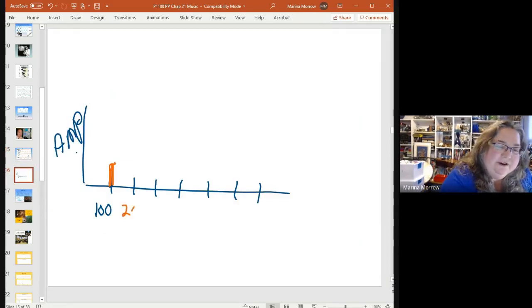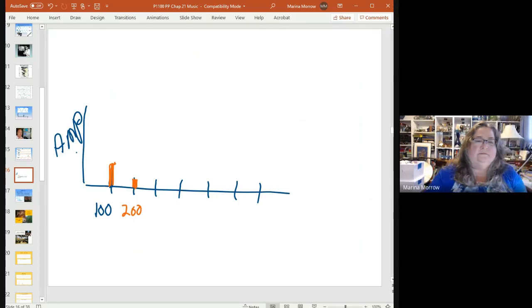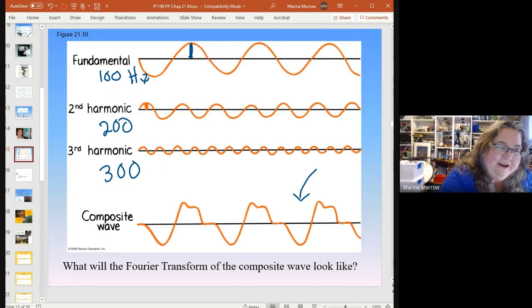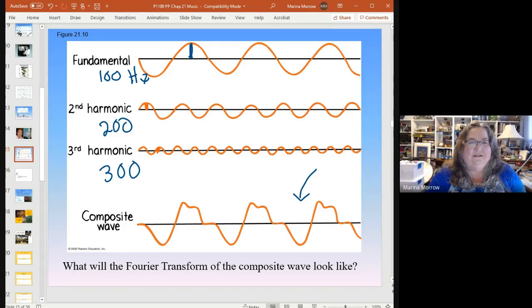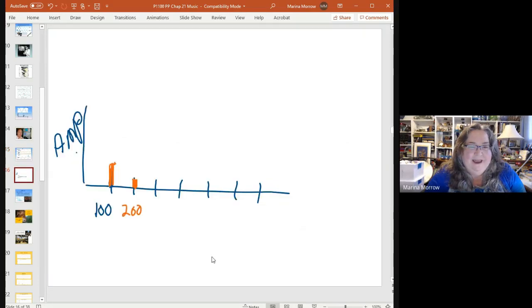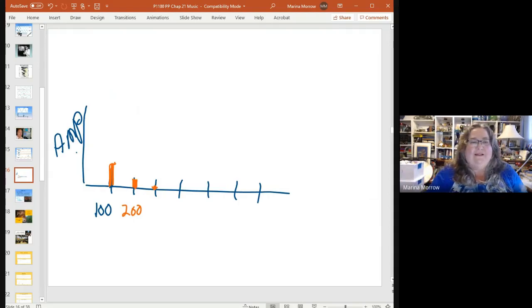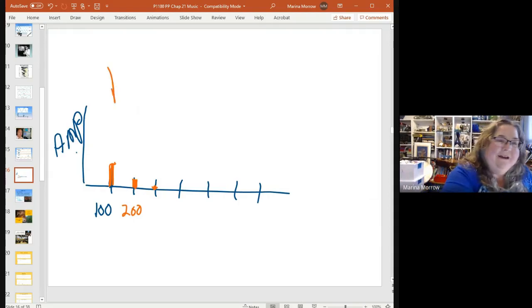So at 200 hertz, it would only be half as high. And then at 300 hertz, looks like we're down to maybe just 1 high. So we would go back here and say, okay, this one is only 1 high. All right, so that's the idea. That's what the Fourier transform would look like.